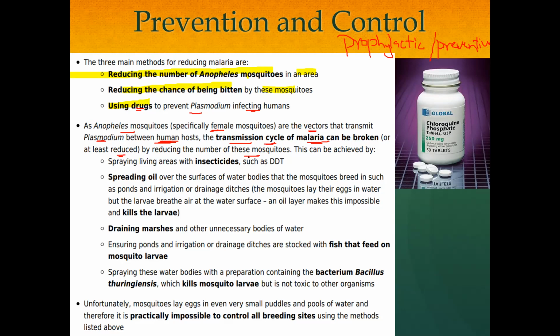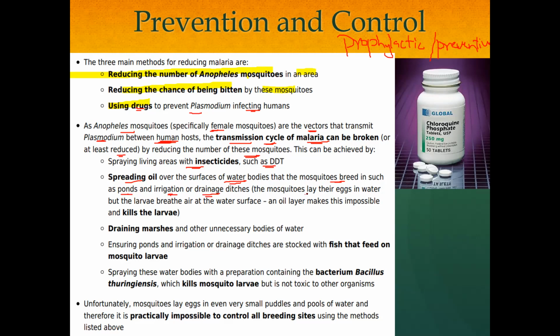We can reduce the number of mosquitoes by spraying insecticides such as DDT. Besides that, we can also spread oil over the surface of water bodies, because it is the water bodies that the mosquito population thrives upon. So you can spread oil on the water bodies that the mosquitoes breed in, such as ponds, irrigation or drainage ditches.